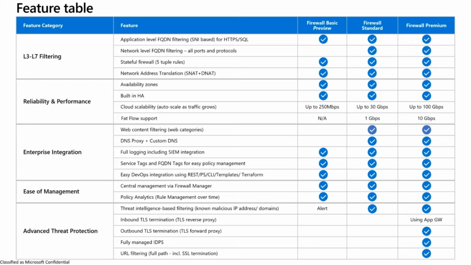It comes with threat intelligence in both alert and deny modes, and also comes with web category filtering and custom DNS support. Whereas the premium SKU adds further advanced threat protection features like TLS inspection, IDPS, URL filtering for highly regulated or high security environments, and with scalability up to 100 Gbps. So this flexible SKU model lets you match your security needs to your business requirements.